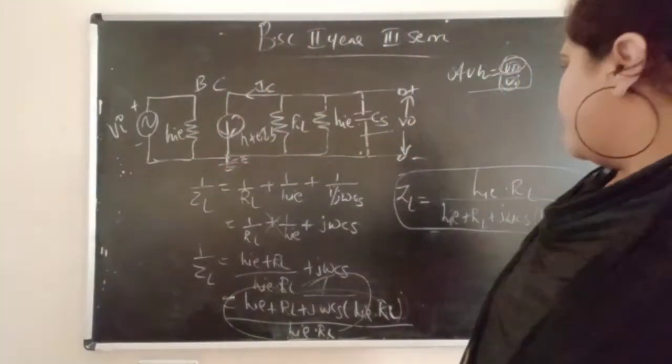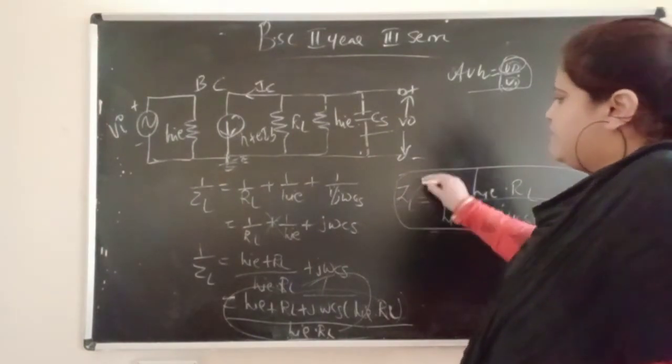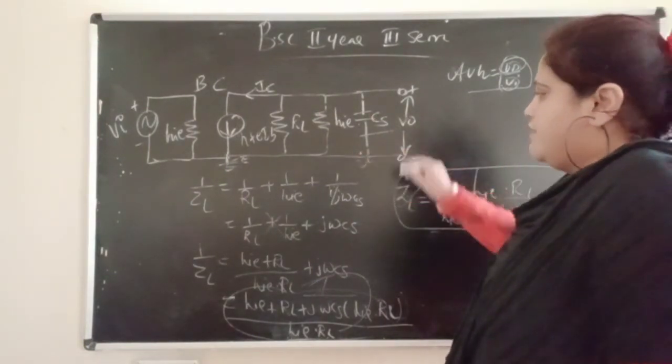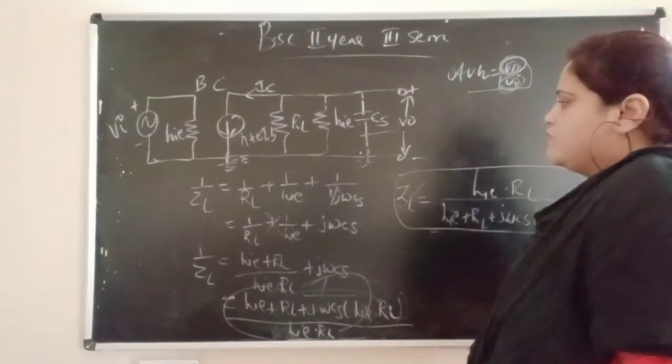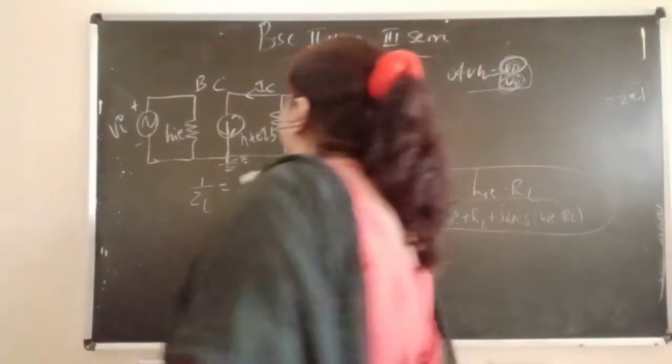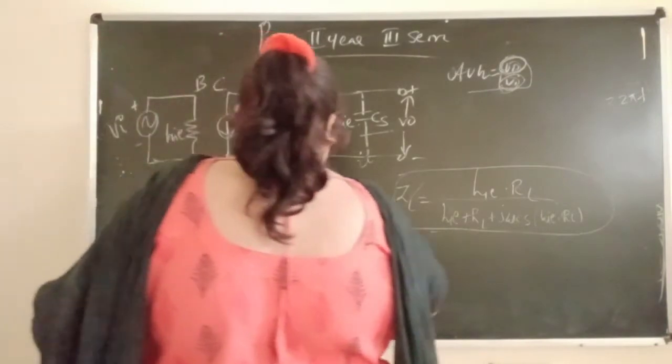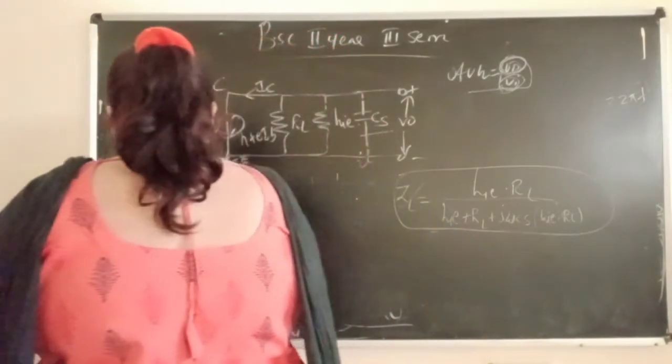Now this is ready, it is reduced to ZL. Now we should calculate the output and input. First, the output formula.